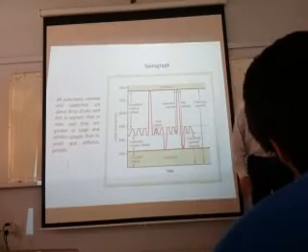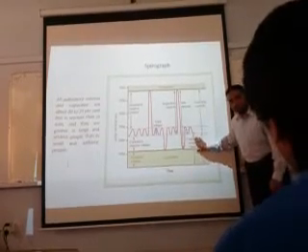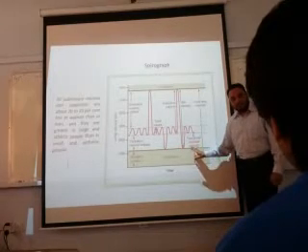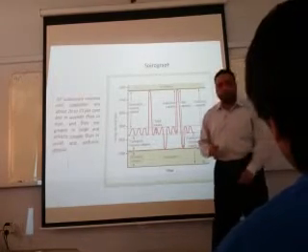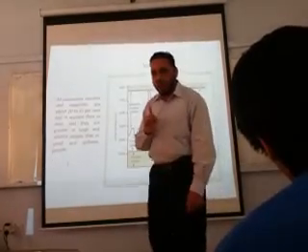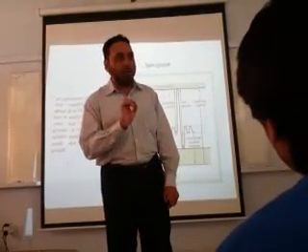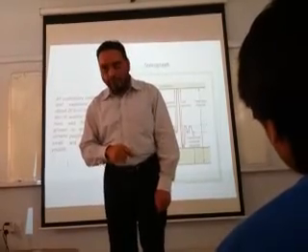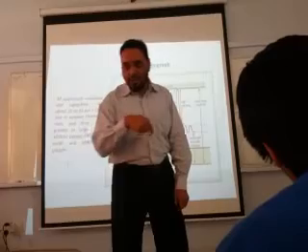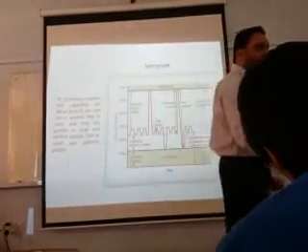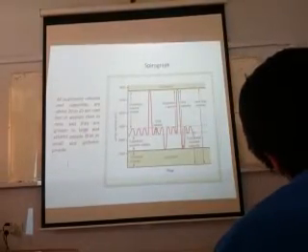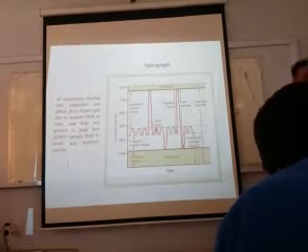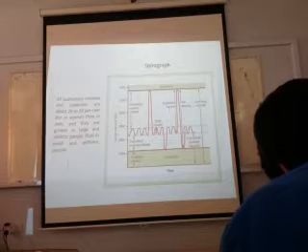And how can you define it? It is the volume of air remaining in the lungs after normal, quiet expiration. The volume of air that remains in the lung after normal, quiet expiration is called functional residual capacity.